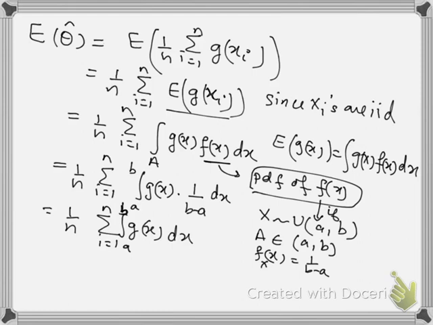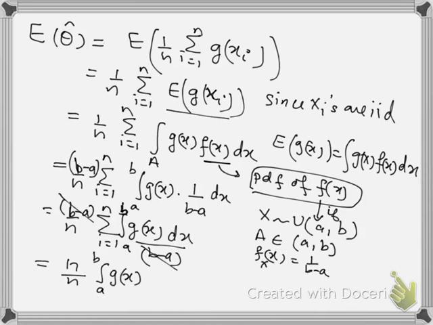If I use this, then this would be not 1 over n but b minus a times this. So I would have a b minus a here, and then there is a b minus a. So this cancels. And the summation is just n over n, integral of g(x) dx, which is theta.